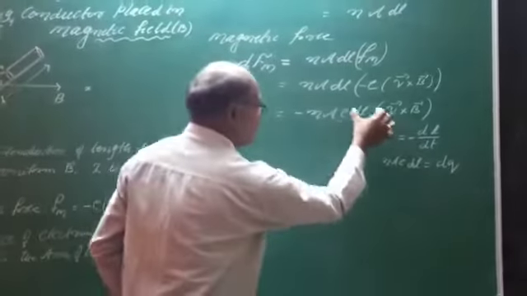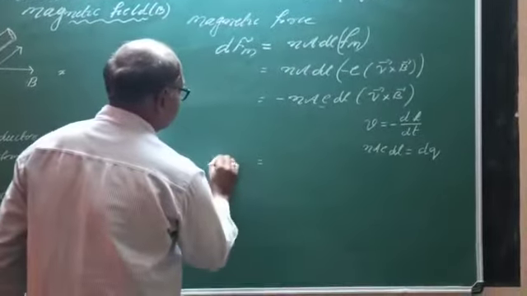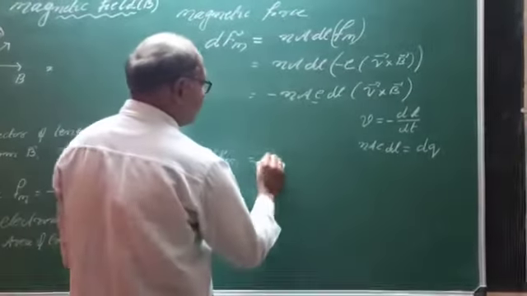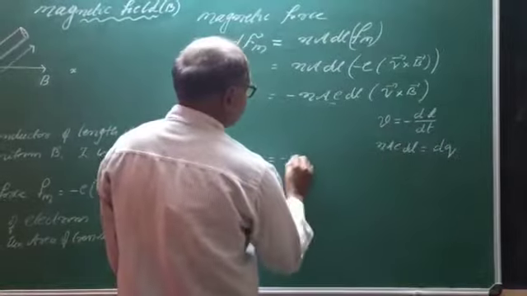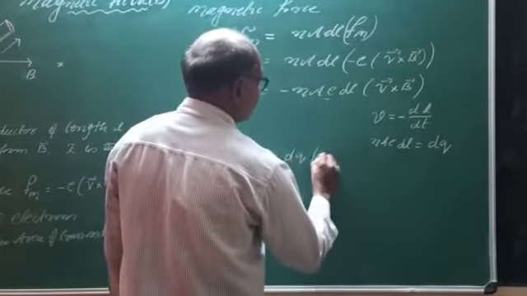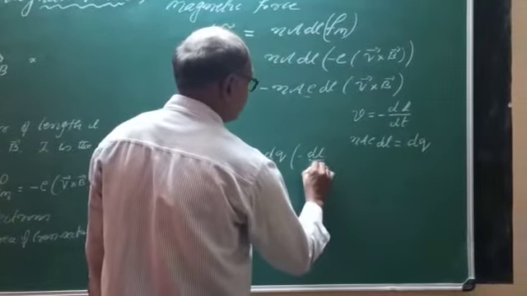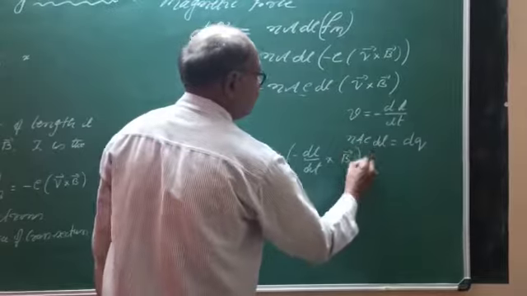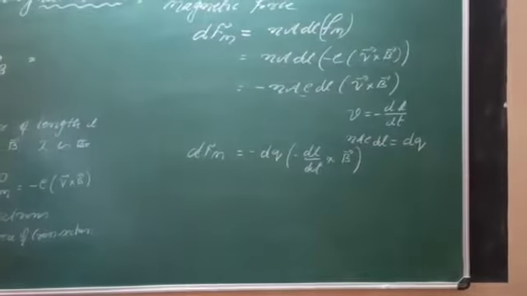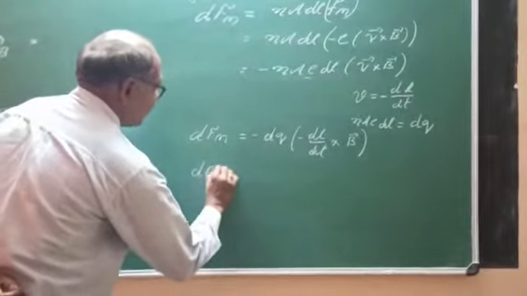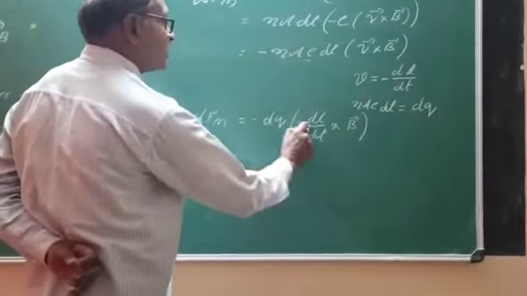Therefore, substitute this here. What do we get? dF_m is equal to minus dq into minus dl by dt into B. Minus into minus becomes plus.